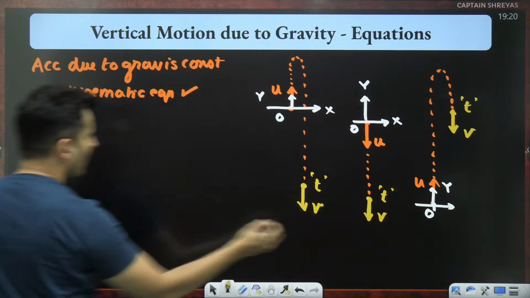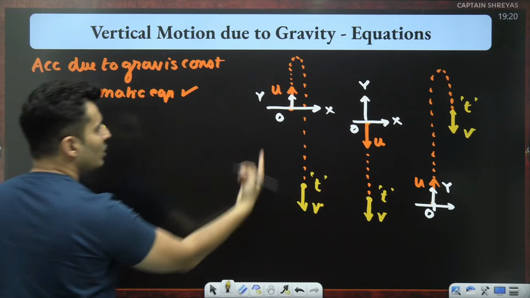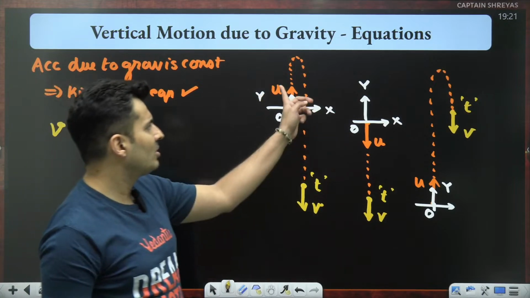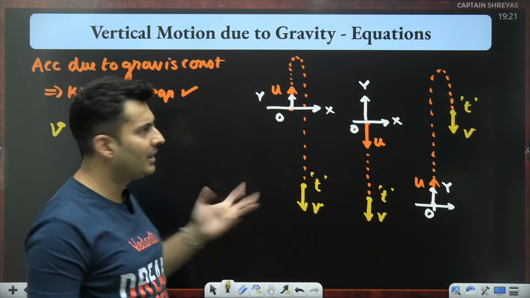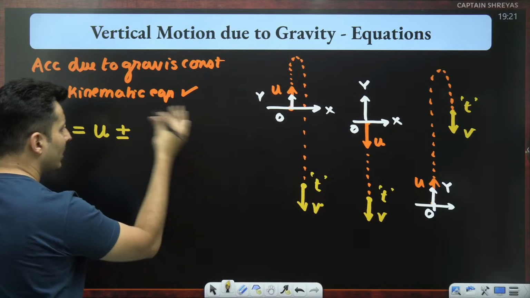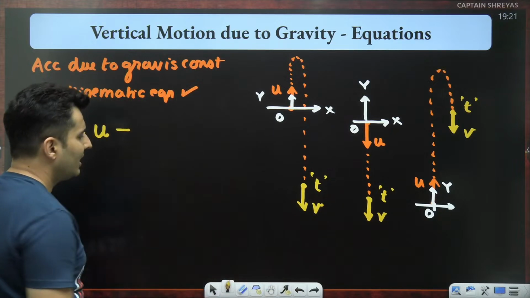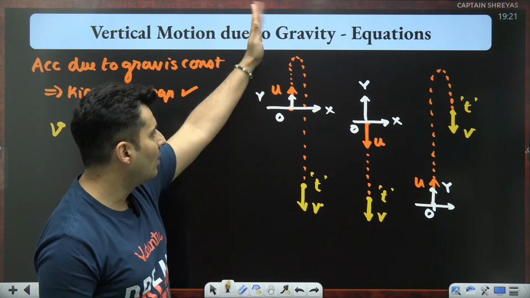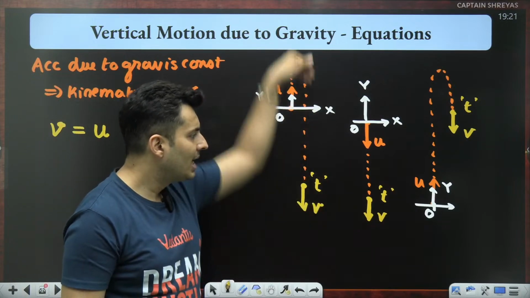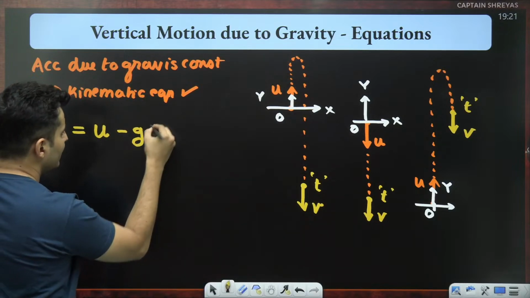For example, I can use v is equal to u. If u is upwards, I'll take it positive. If u is downwards, I'll take it negative. So u plus or minus, depending on whether upwards or downwards is positive, we'll change it accordingly. But in this case I have taken upwards as positive, y-axis is upwards, acceleration due to gravity is downwards, so I'll say u minus gt.